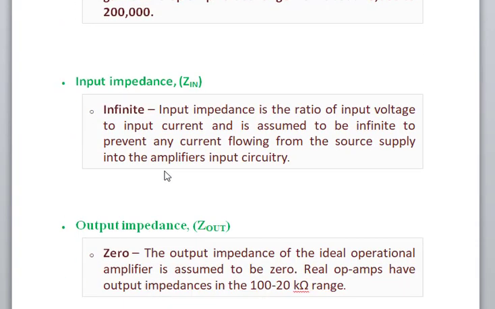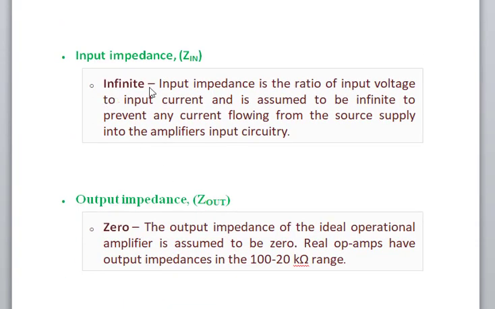Now the next characteristic is input impedance. Input impedance is nothing but input resistance. Already I told you the operational amplifier has high input impedance, so it is infinite. The input impedance is the ratio of input voltage to input current, and it is assumed to be infinite.